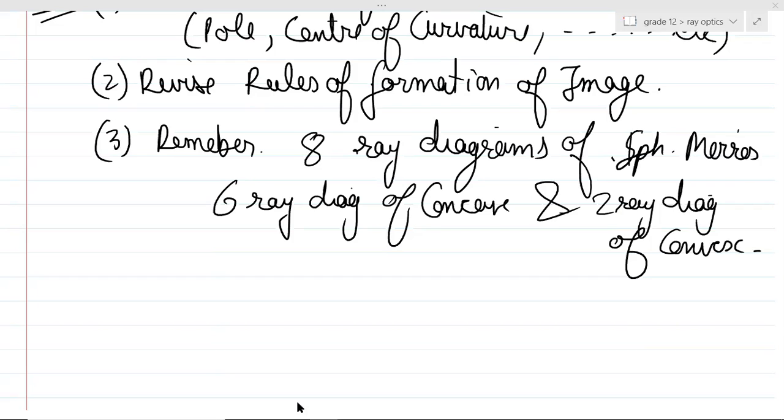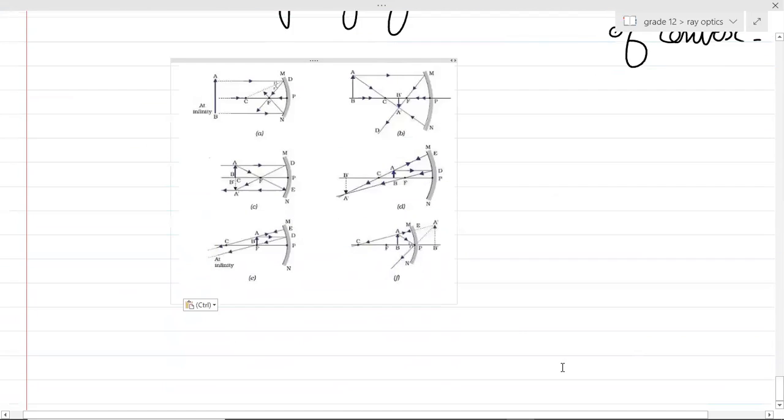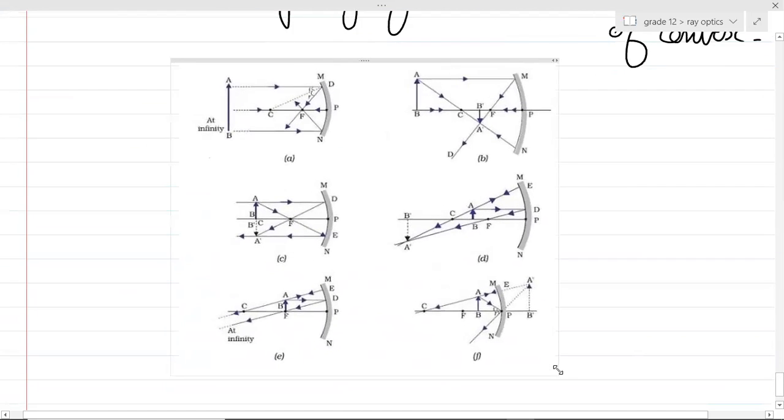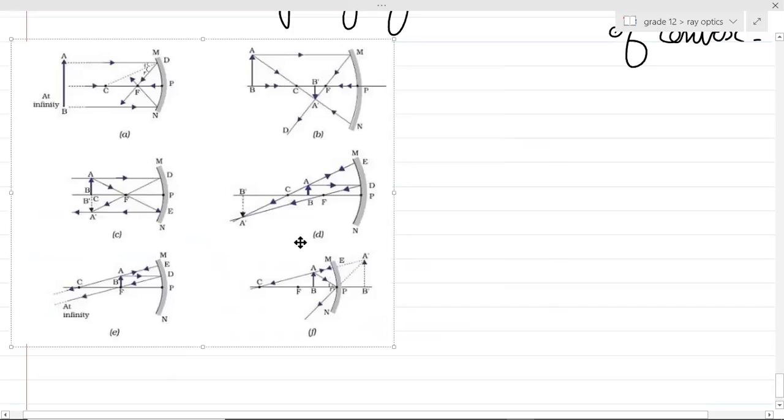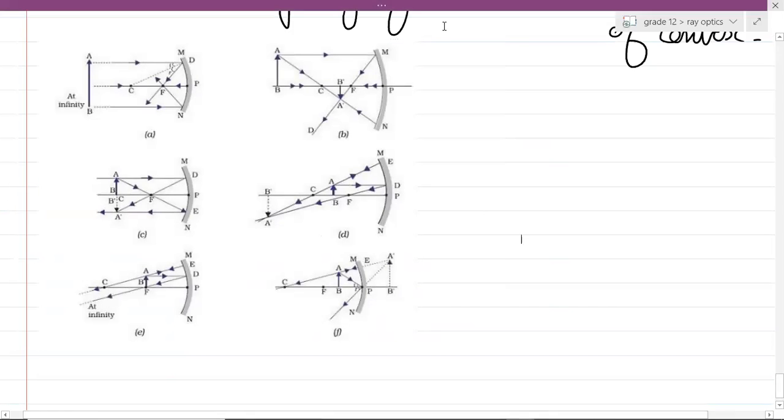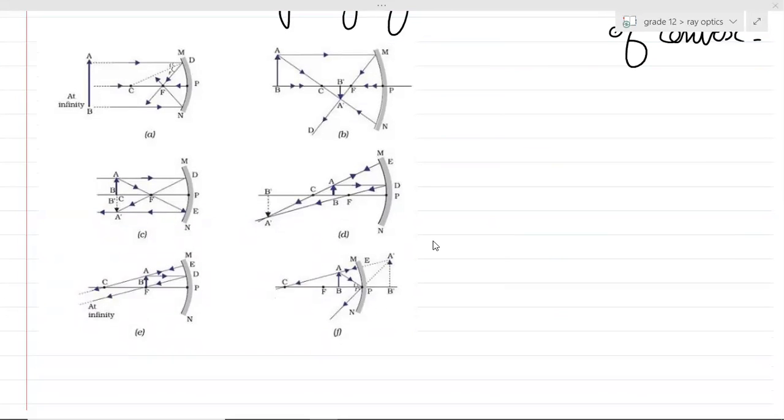I'll just be explaining like this. Guys, you don't need to draw this. You can.